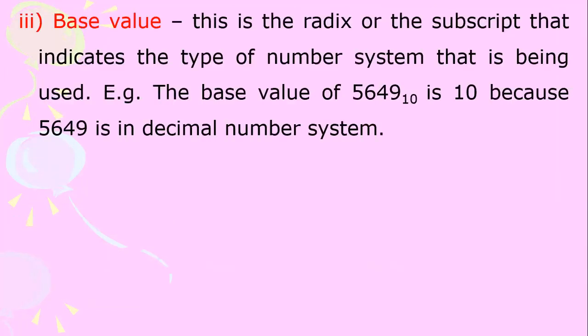Then number 3 is base value. This is the radix or the subscript that indicates the type of number system that is being used. So in our case, our number is 5649 to base 10.